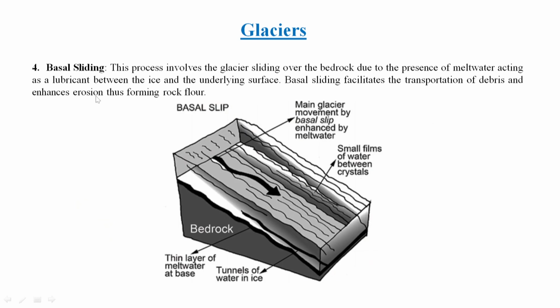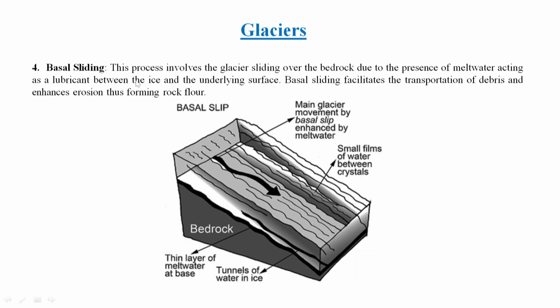Then the final kind of movement or erosion imposed by glacial ice is your basal sliding. This process involves the glacier sliding over the bedrock due to the presence of meltwater acting as a lubricant. So even apart from continental glaciers, also in the case of alpine or mountain glaciers, the same pressure is exerted between the bedrock and the lowest part of the glacial ice.